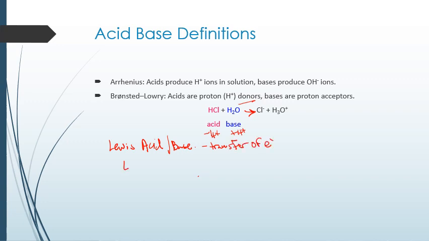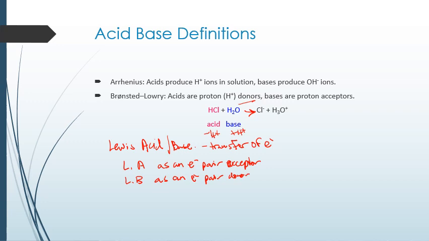So we define a Lewis acid as an electron pair acceptor and a Lewis base as an electron pair donor.